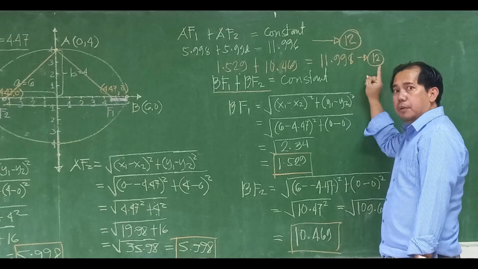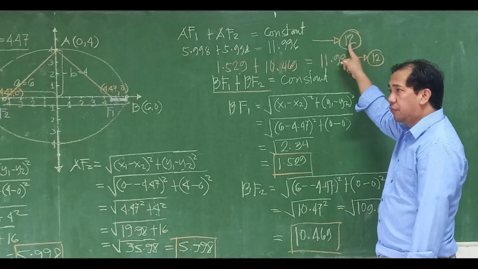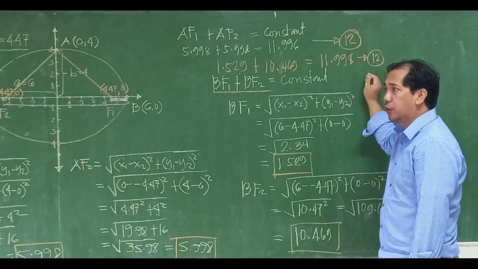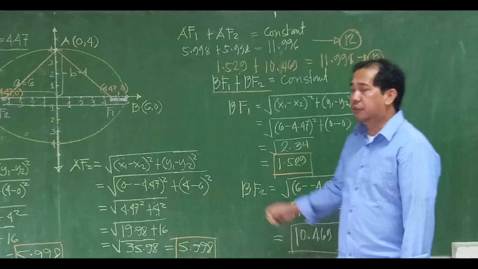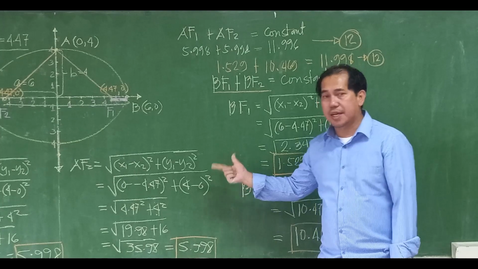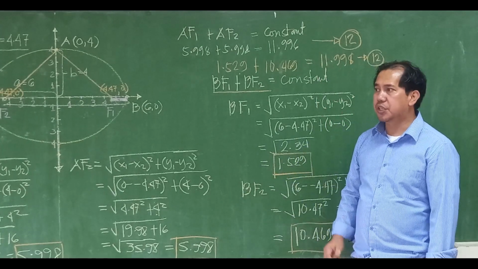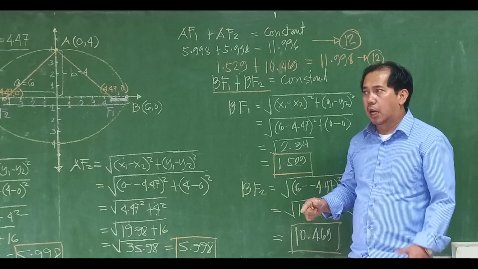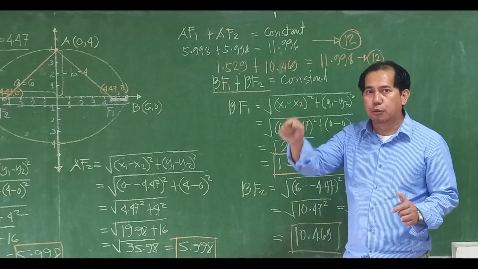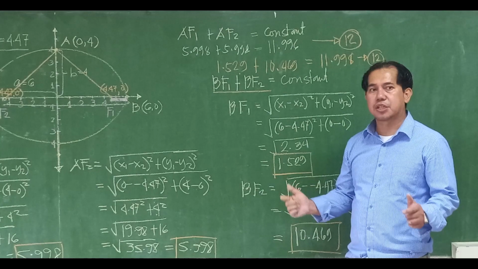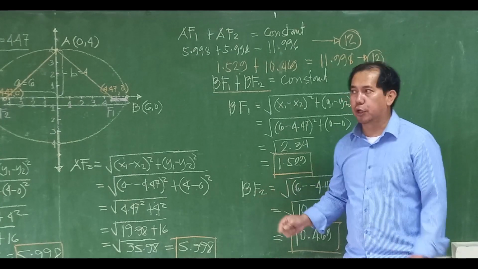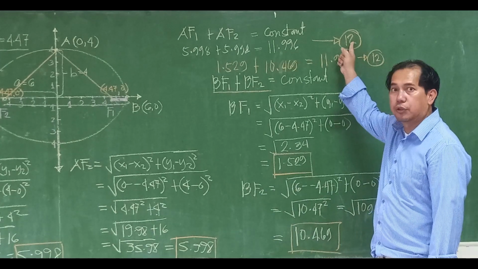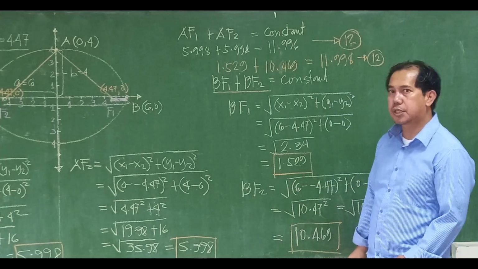Are they the same? Yes. Meaning, they are the same, constant. This is the verification of our definition of the ellipse, which states that the distances between two fixed points to a common point will be constant, and what is the value of that constant? That is 12.